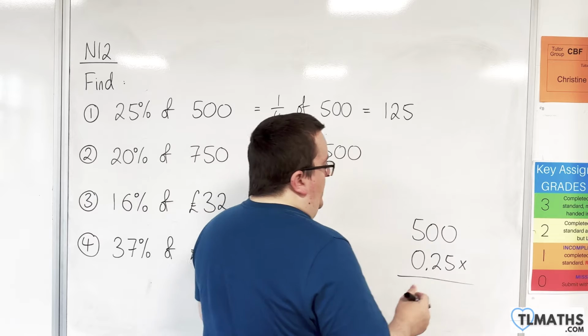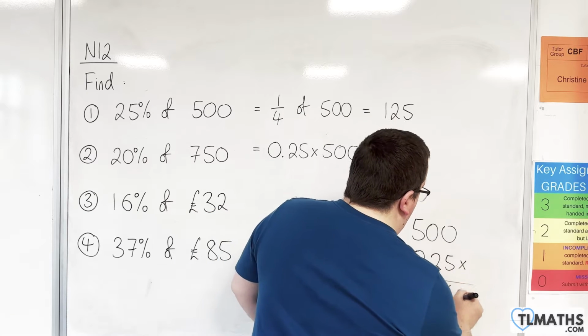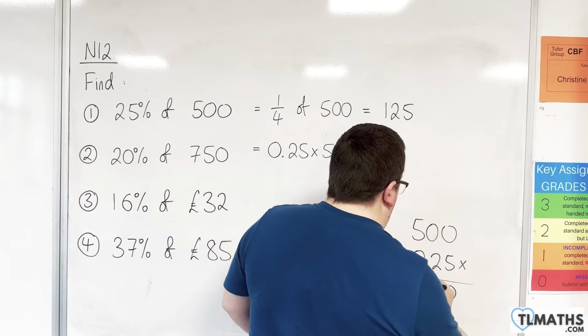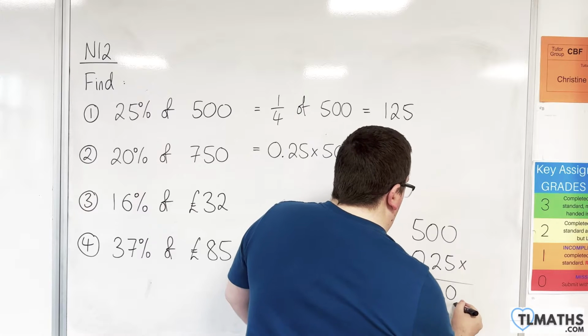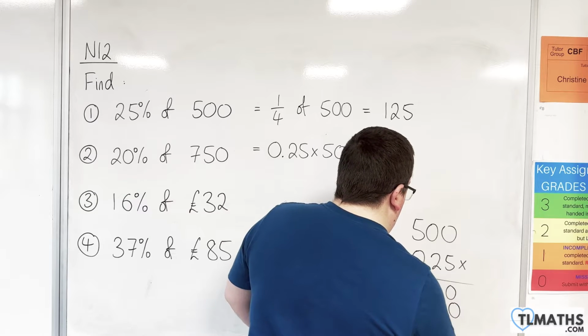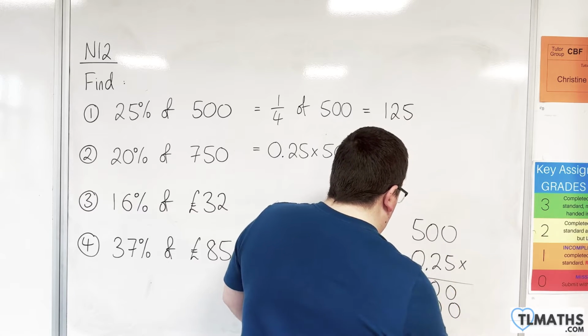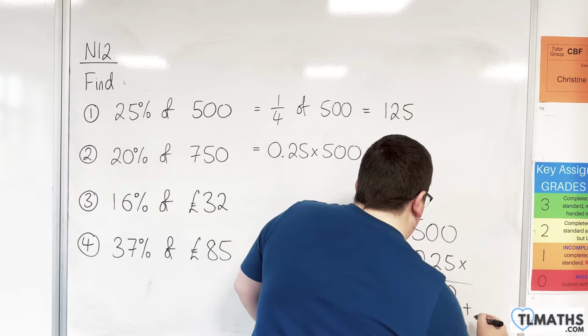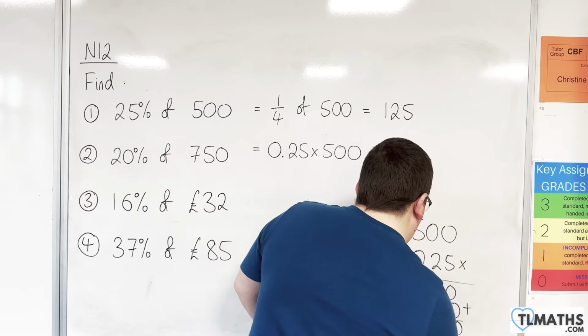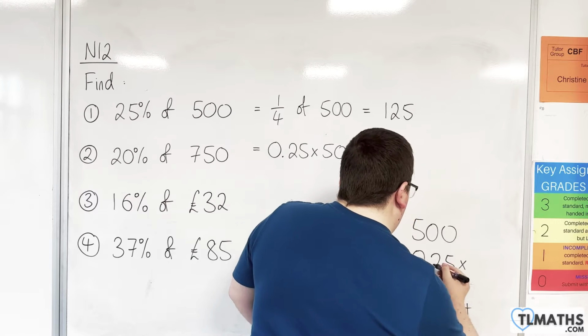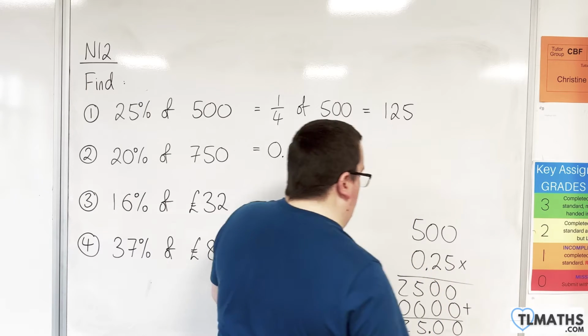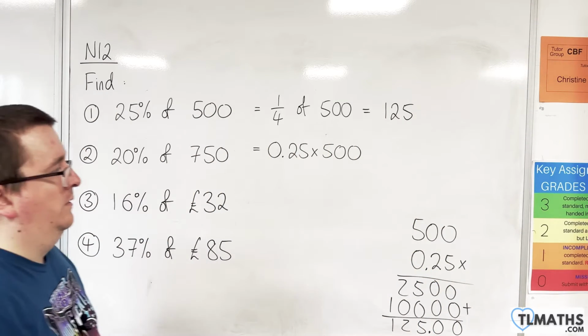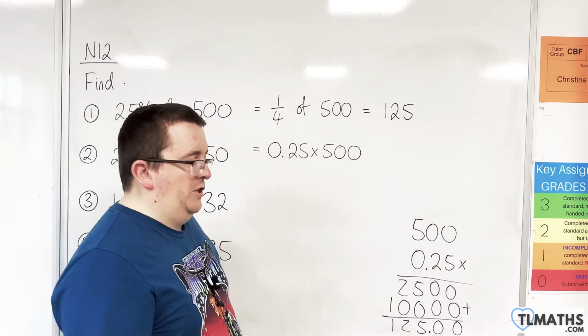Nothing wrong with doing it this way. 5 times 0, 5 times 0, 5 times 5. Bring in a 0, 2 times 0, 2 times 0, 2 times 5 is 10. And add those two results together, we're going to get 0, 0, 5, 2, 1. Two numbers to the right of the decimal point, and so you get your 125. Okay? So you could do it that way.